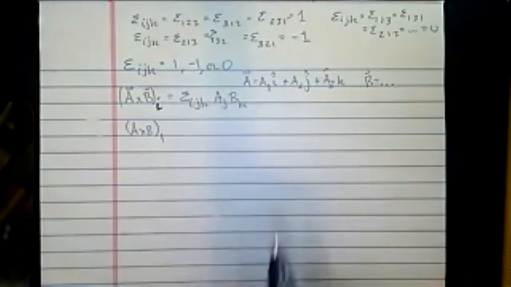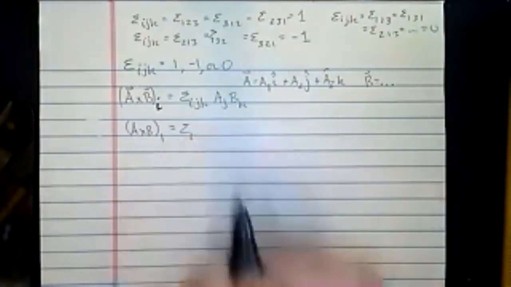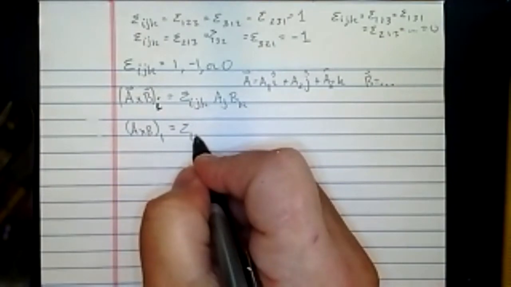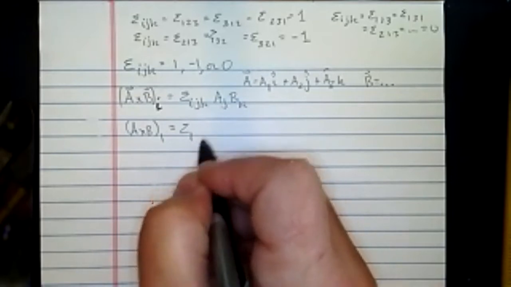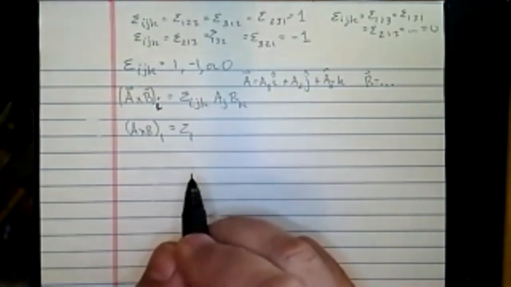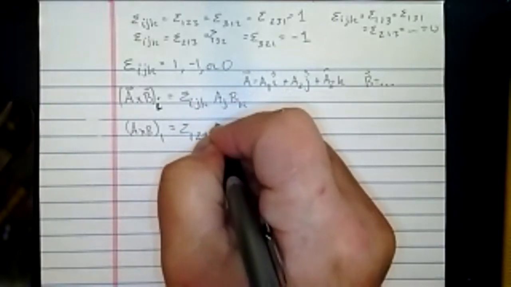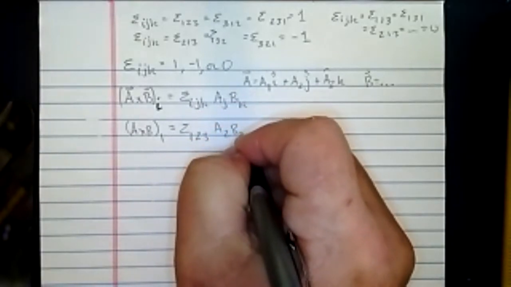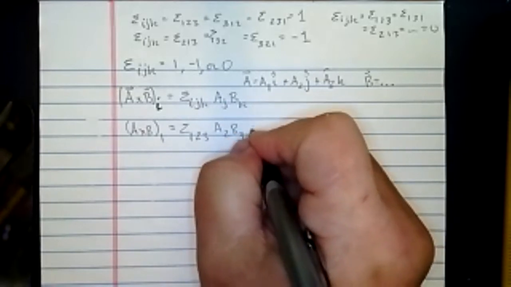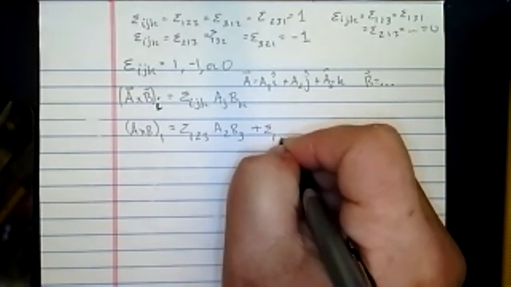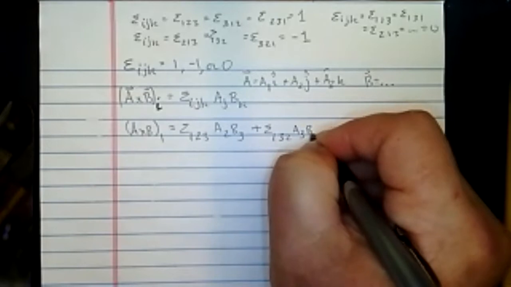If I want the 1 component, I know the only thing that's going to survive with epsilon 1 is when epsilon 1 is followed by the subscripts 2 and 3, which would be positive, and 3 and 2, which would be negative. So I'm going to say epsilon 1, 2, 3, A2, B3. The other one would be epsilon 1, 3, 2, A3, B2.